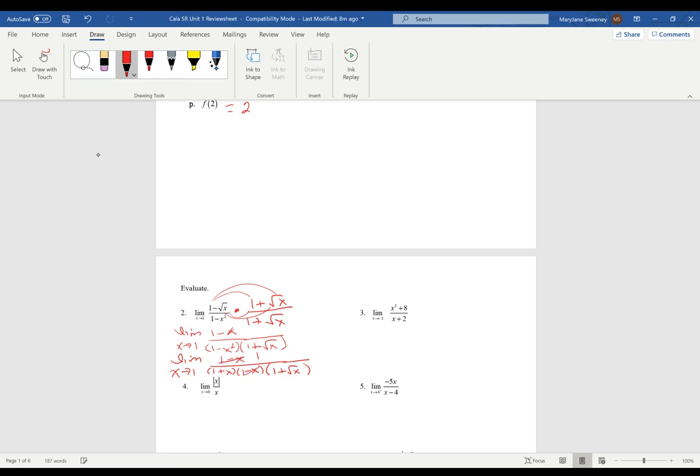So these can cancel, and then I can plug in 1 plus 1. This is 1 plus square root of 1. That is 1 over 2. And again, 2, so 1/4.